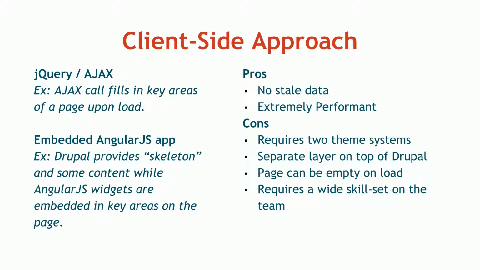You're going to have a set of templates that defines how your client-side MVC works, which are different from your set of Drupal templates defining what your server-side is rendering. So you basically have a separate layer sitting on top of Drupal.